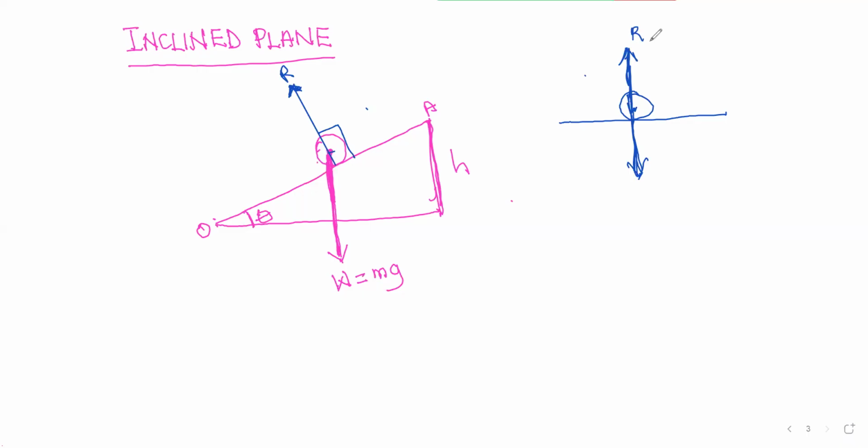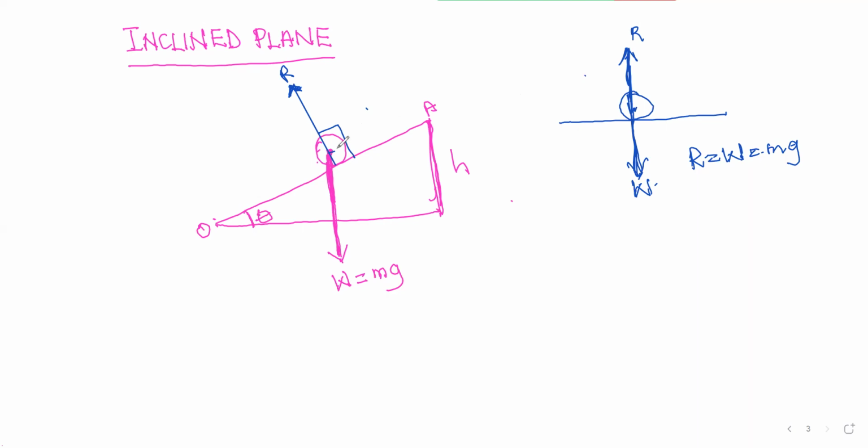Because the body lies flat on the surface, the reactional force in this case is equal to the weight, mass times acceleration due to gravity. So when the body lies flat on a surface, the reactional force is always opposite to the weight. And we got this from Newton's third law, that forces move in pairs.